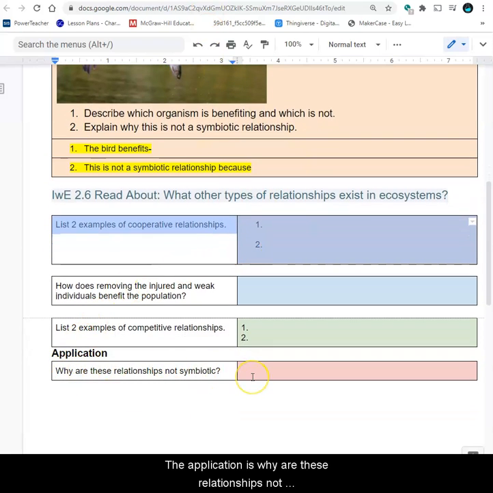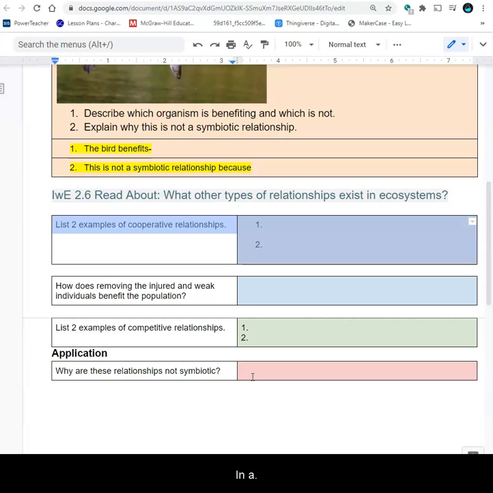The application is, why are these relationships not symbiotic? It's because they're one-time exchanges of energy or food. They're not ongoing. In a parasitic relationship, the parasite is continuously taking blood from the host, or a tapeworm is continuously absorbing food from the host.